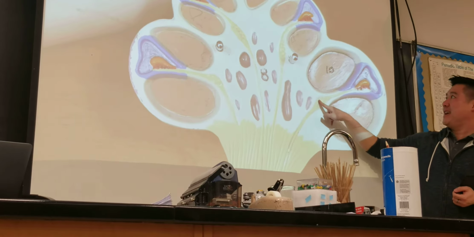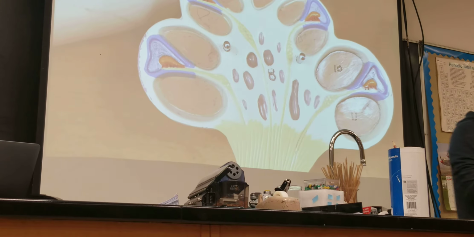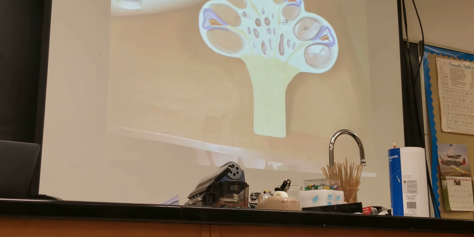That's the spiral ganglia, and these are the 3 ducts. Okay, so after we have spinal cord and spinal nerves, it's time for you guys to shine.